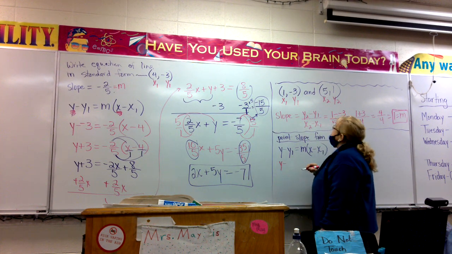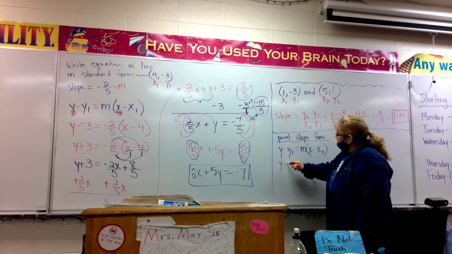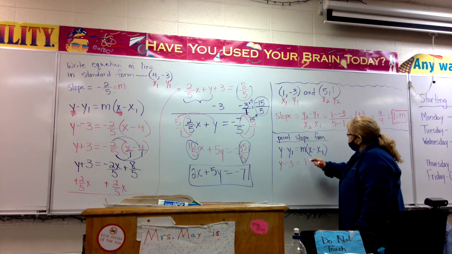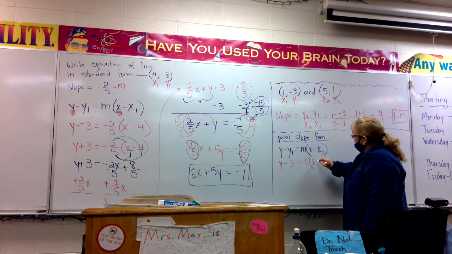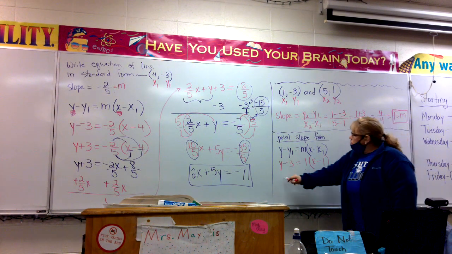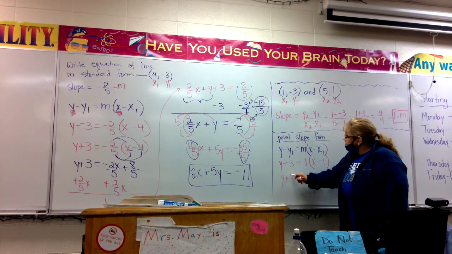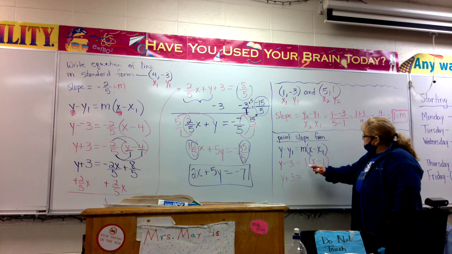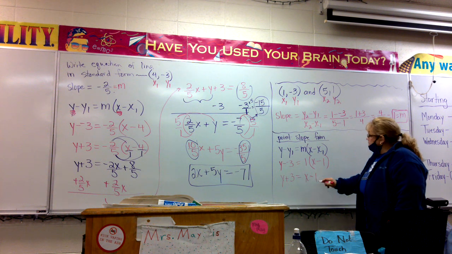Y, take away, what's y1? -3. Our slope was 1. What's x1? So I get y plus 3 equals, that's just going to be x take away 1.